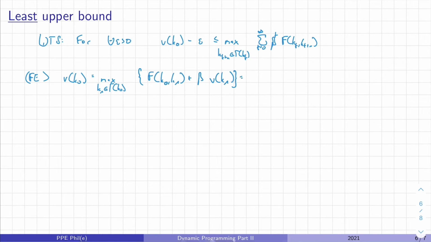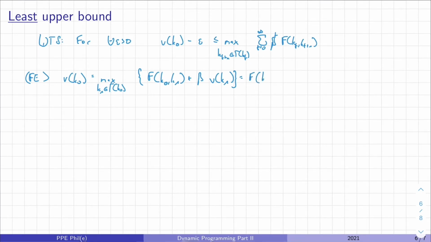I can say there must be an optimal k1, and we call this k1 star, so this is exactly equal to F of k naught, k1 star plus beta V of k1 star.